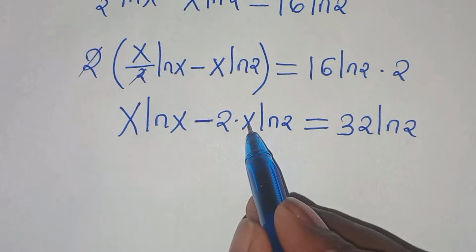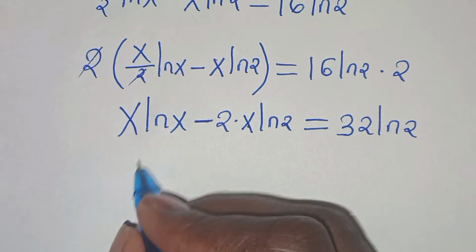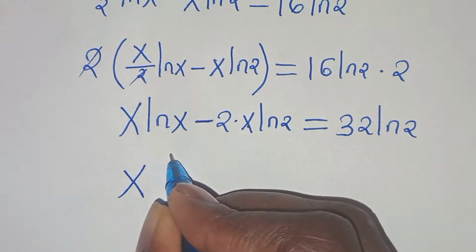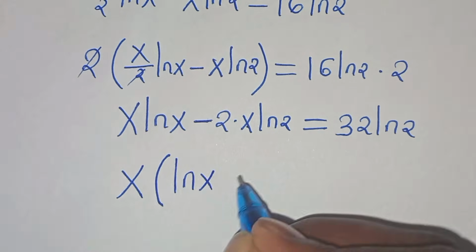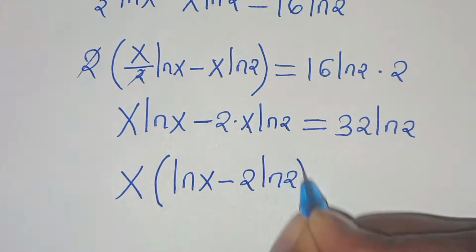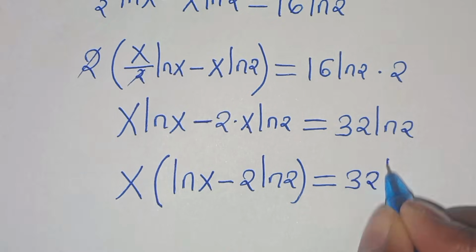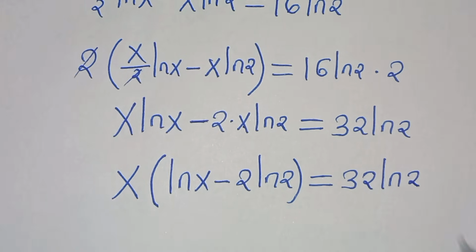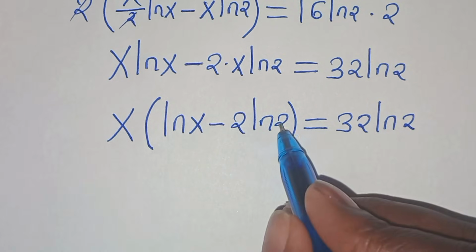Now, since we have x is common here, we can factor out x so that now we have x into the parentheses. This is ln of x minus 2 ln of 2. This is equal to 32 ln of 2. Now we have that 2 ln of 2 here.